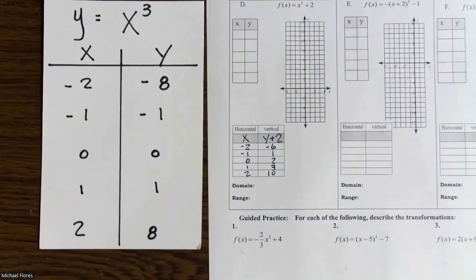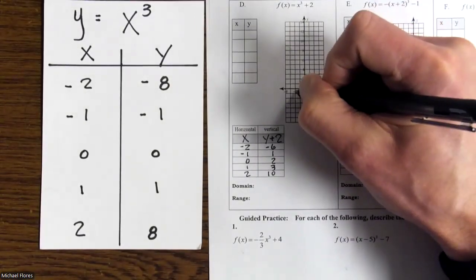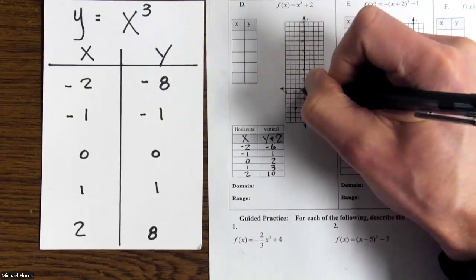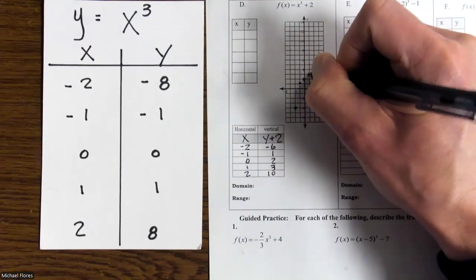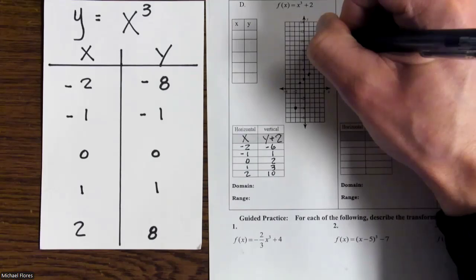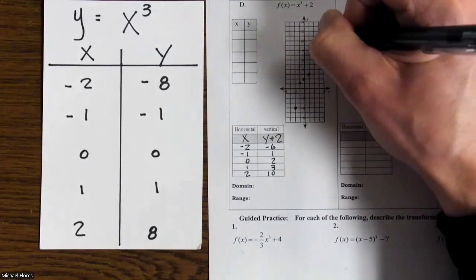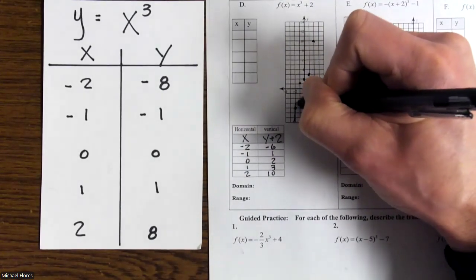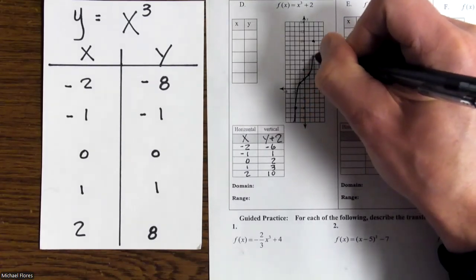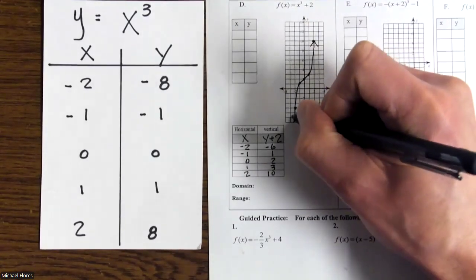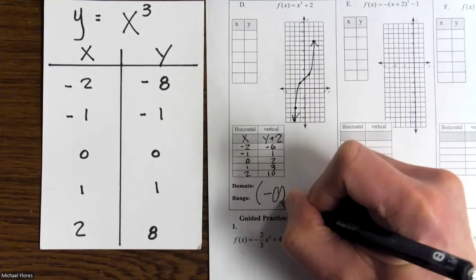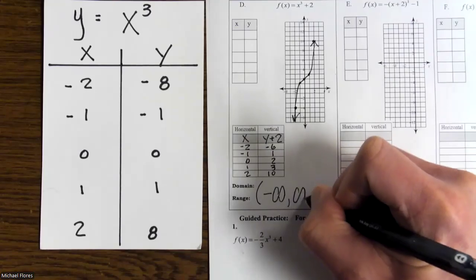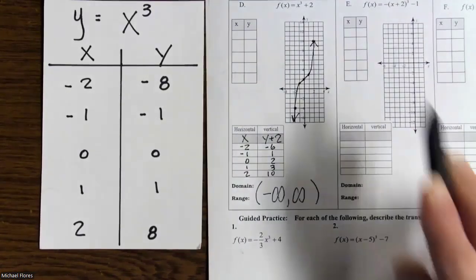See that? Easy stuff. Now let's plot. Now graph. Domain and range. This is a cubic function, so negative infinity, positive infinity.